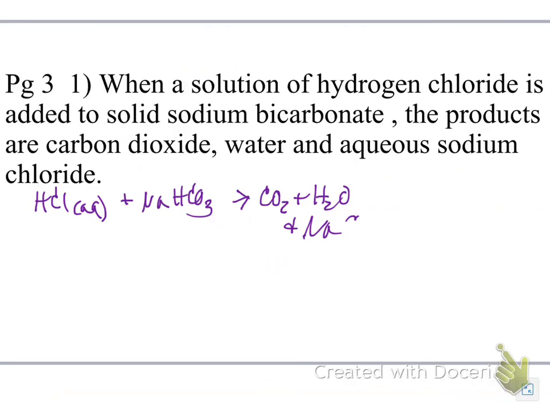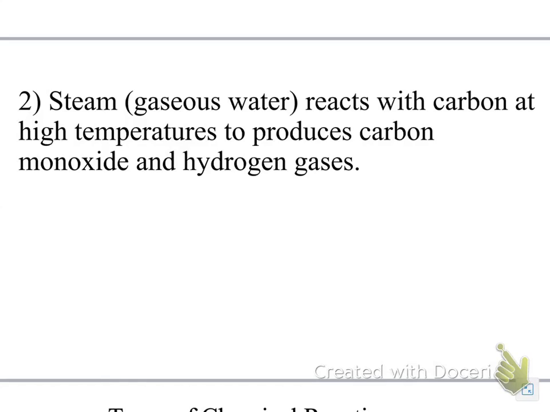When we are told we have a solution, we generally can assume it's aqueous unless we're told otherwise. Okay, and when it's added to solid sodium bicarbonate, so this should have an s here, the products are carbon dioxide, water, and aqueous sodium chloride. So that's our equation. And if you do some inspection, you'll see that it's all balanced. And I can say voila, and try the next one.